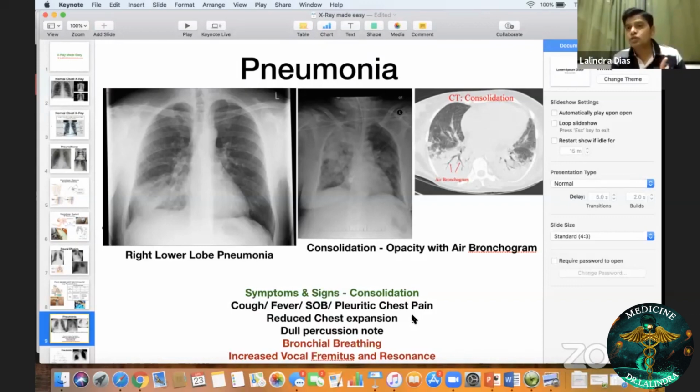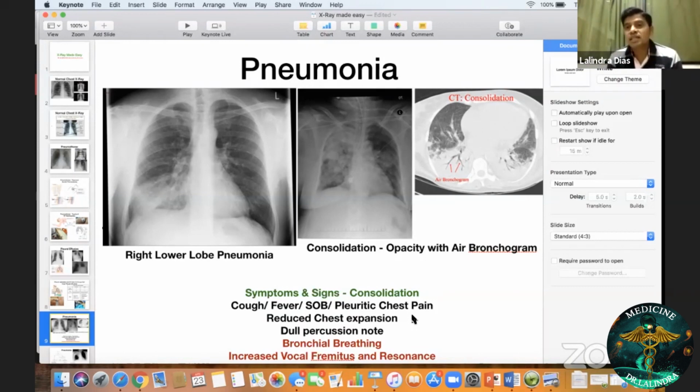Then another pneumonia which occurs in the upper part of the lung produces red, very sticky, jelly-like sputum. We call it red currant jelly-like sputum, and that occurs in Klebsiella pneumonia. This question was asked in the last ERPM paper, 2018, I think May or something like that.